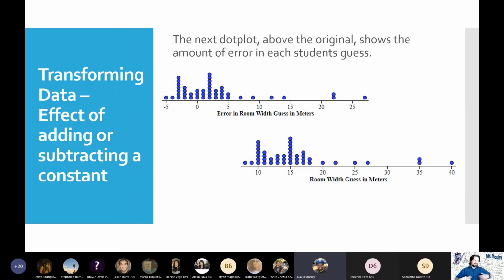So now, when we subtracted a number, and we're looking specifically at the effect of adding or subtracting a constant, which is just another word for a basic number, right? What stayed the same, of our shape, center, and spread type of things, when I subtracted a number? What summary statistics remained the same?